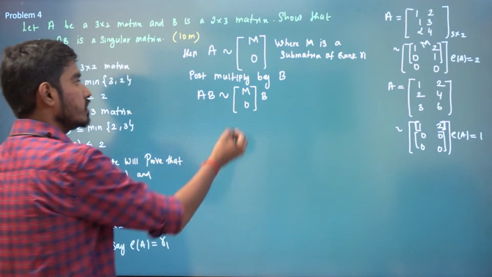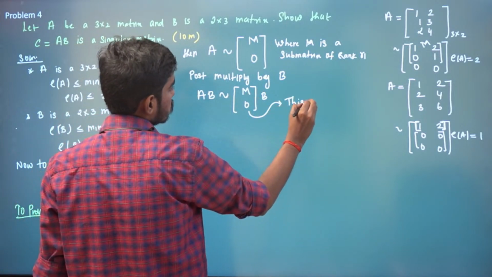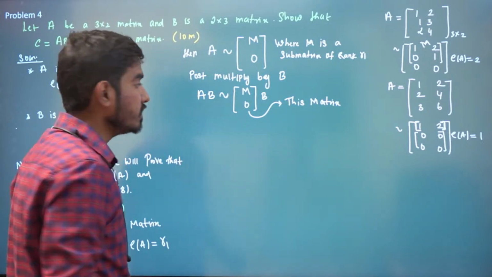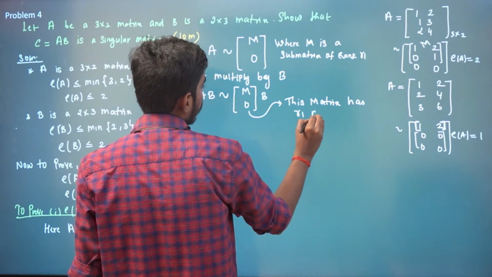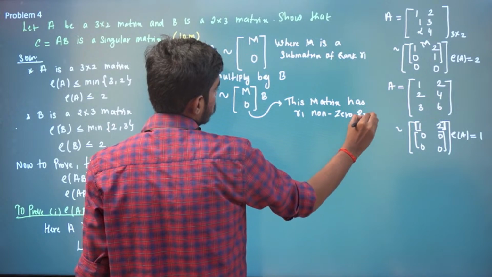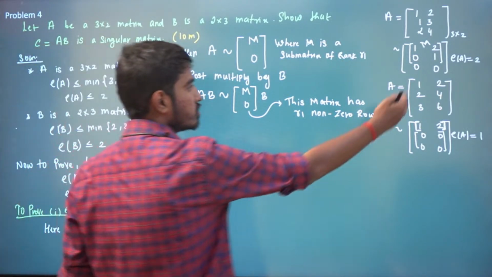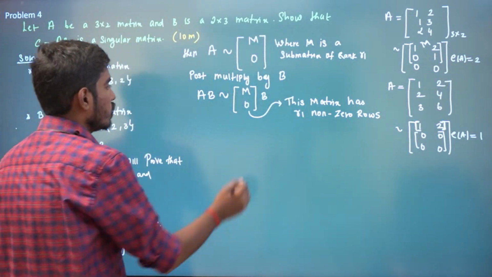Now this matrix has R1 non-zero rows. Yes or no? R1 non-zero rows, because the rank is R1, right? So it has R1 non-zero rows.